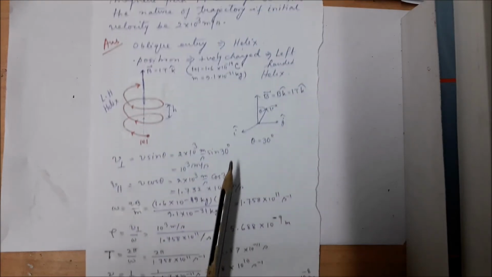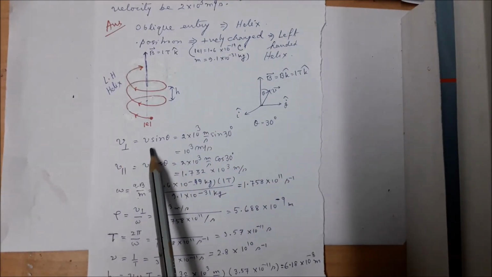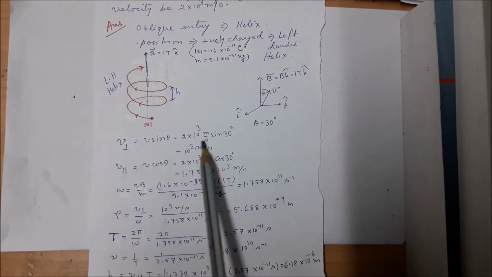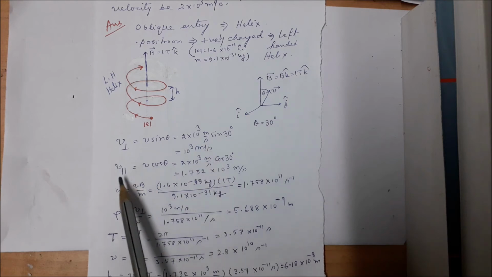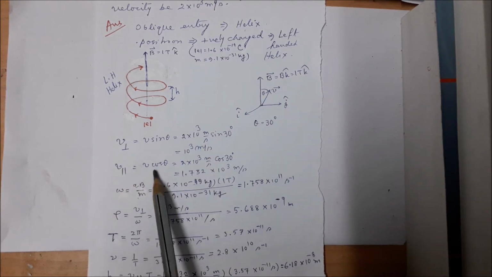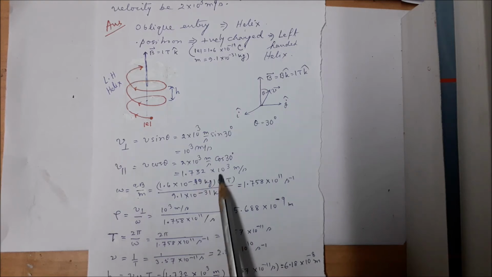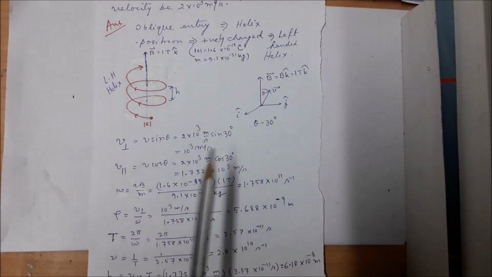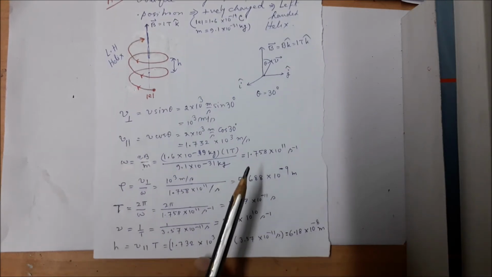Let us calculate the transverse velocity, which is v sine theta. We can put the values and end up with 10 to the power 3 meter per second. The longitudinal velocity is v cos theta, which similarly we get to be of this value. And now it is easy to find out the frequency if we use this expression omega equal to qB by m, put the values, and you can check the results.